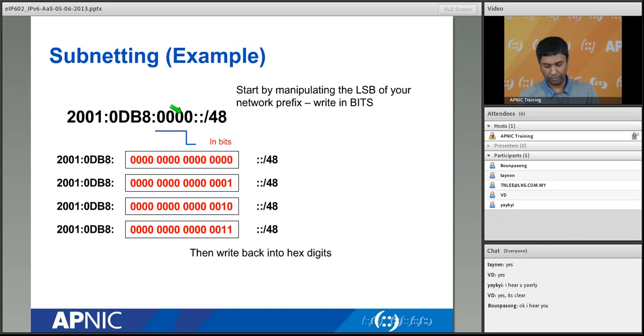We need 4 new subnets. So if we need 4 new subnets, then how many extra bits do we need to take? From 48 bits, 48, and then 2 more bits, right? 48, 49, 50. Sorry, 2 new bits. When you have 2 new bits, where are those 2 new bits? Those 2 new bits are on block 1, 2, 3, block 4. On block 4, in here, if I draw, just a sec. Yep, I'll use the pen tool.